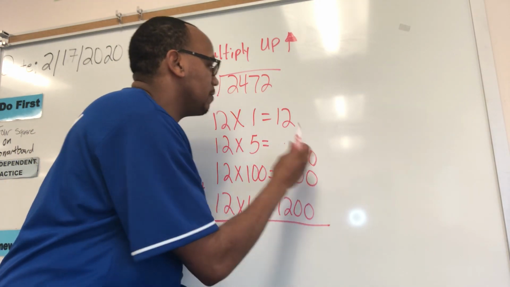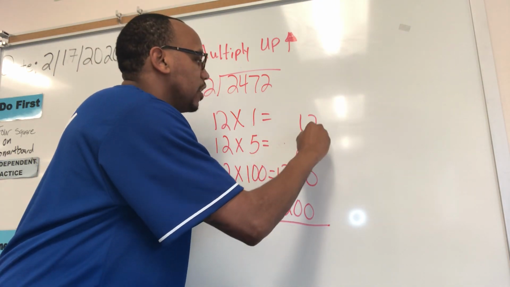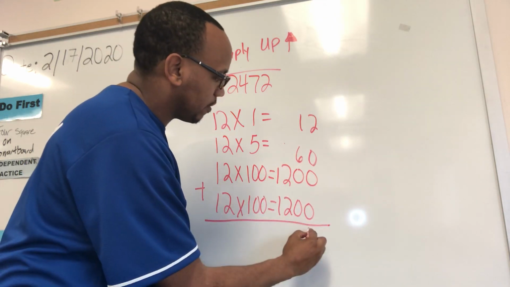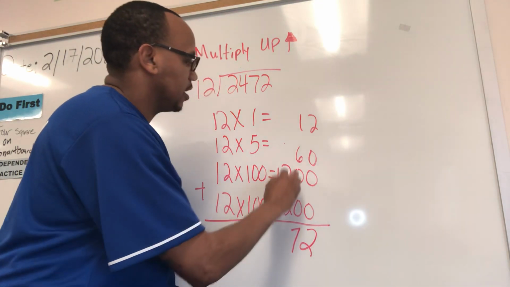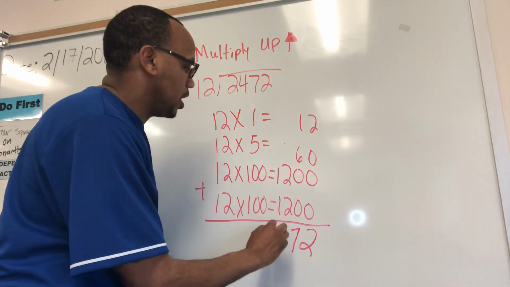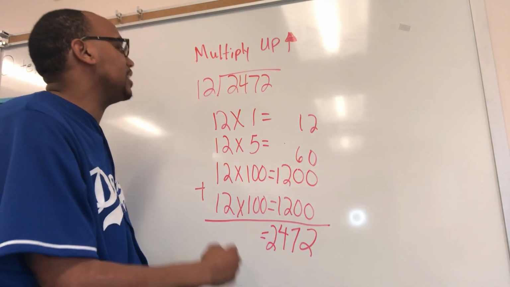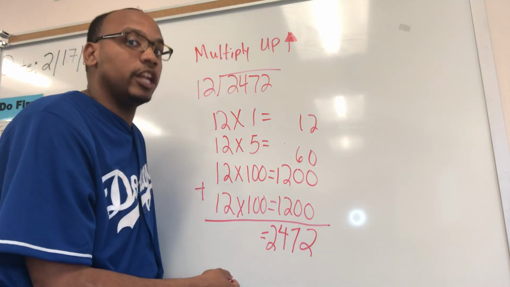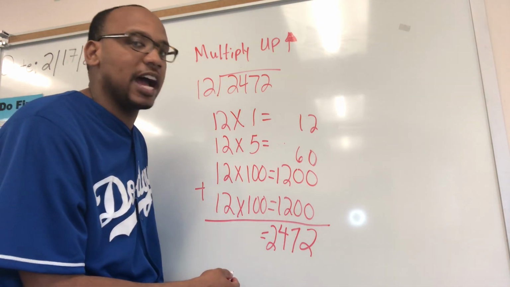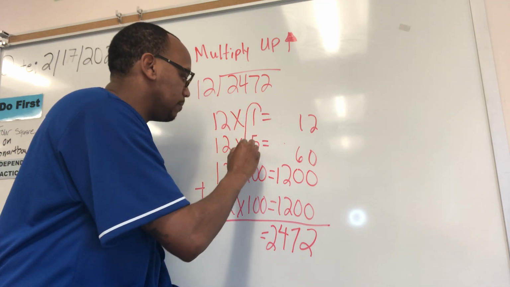The 60 will be over here, and the 12 will be over here. If I add them together, that's 2, that's 7, that's 4, and that's 2. So I have multiplied 12 all the way up. Your answer is the numbers you have multiplied 12 by. So all my answers are right here in the middle.